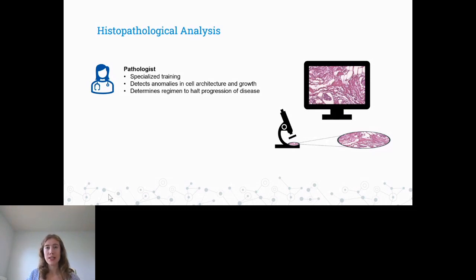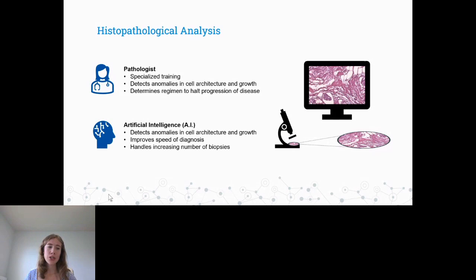Modern medical procedures and technologies have increased the number of biopsies performed, and consequently, the number of histopathological images collected has increased far beyond the reasonable workload of pathologists. However, recent advancements in the field of artificial intelligence have shown promise in automating the analysis of vast amounts of medical data and improving the accuracy and speed of a diagnosis.